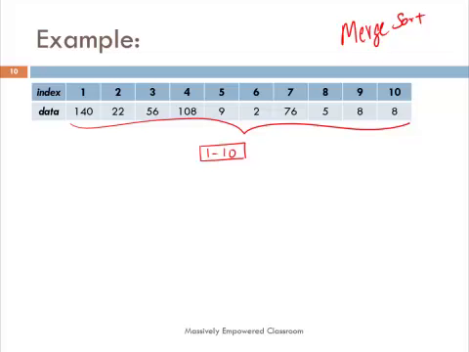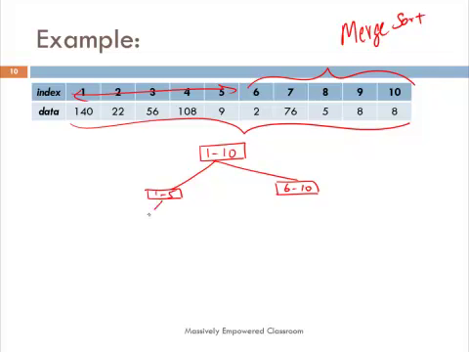What does it do? It doesn't know how to do that, so it's going to break that problem into 2 sub-problems. Sort 1 to 5 and sort 6 to 10. Once they are sorted, I know how to merge them. But how do I sort an array of 5 elements?